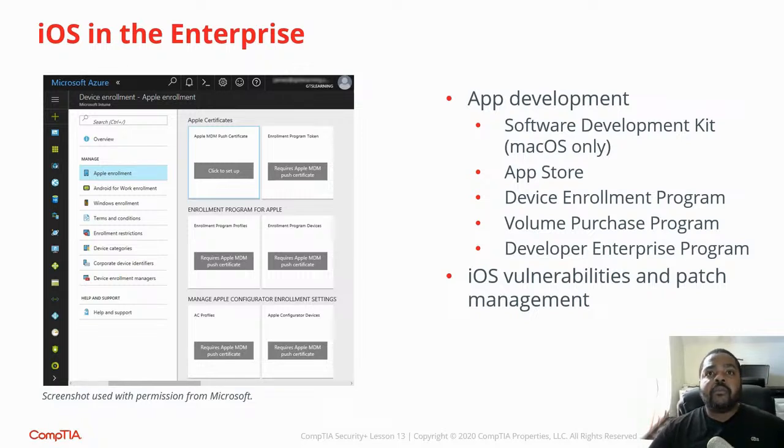So it's kind of funny to me how the mobile side of the industry is strictly Apple, but when it comes to desktops and PCs and servers, we're probably more heavy on the Windows side. But anyway, Microsoft Azure is actually controlling or managing the Apple phones that we have on this network.